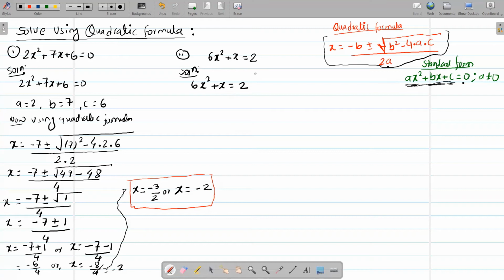So to make it in the standard form, we subtract 2 from both sides. Now we get 6x squared plus x minus 2 is equal to 0.